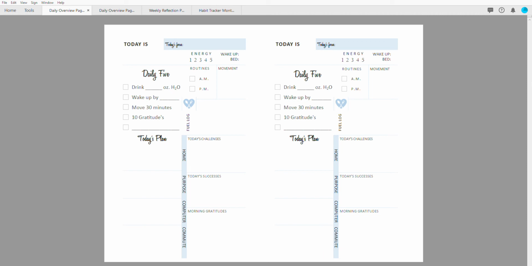Fuel log. Fuel is the word that we use for food, because food is medicine and food is fuel. There are certain foods that if we pay attention, we start to recognize as energy draining foods, right? They don't give us energy. They make us feel tired or sluggish or full.